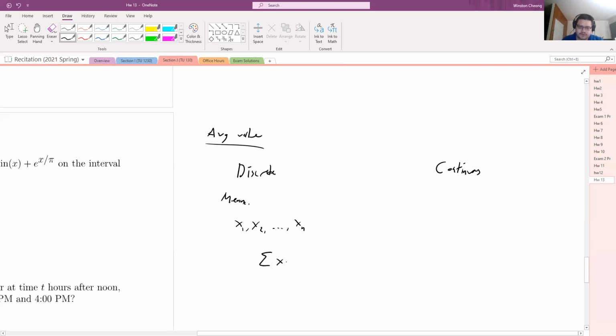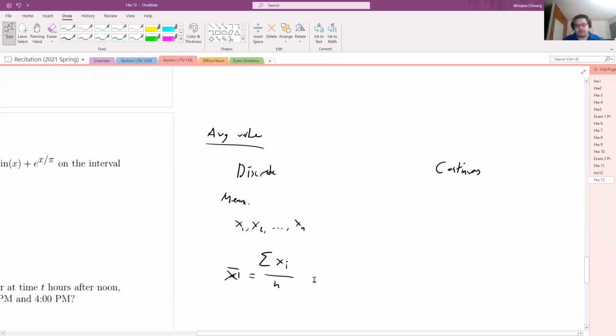One way you could write that is in sigma notation, sum up all the xi's, and then you divide by how many values there are. This is sometimes written as x bar. The bar means it's the mean, the average value of all of these x's.